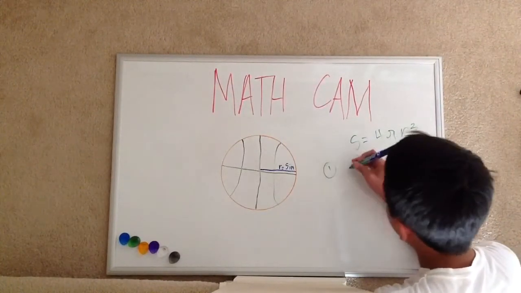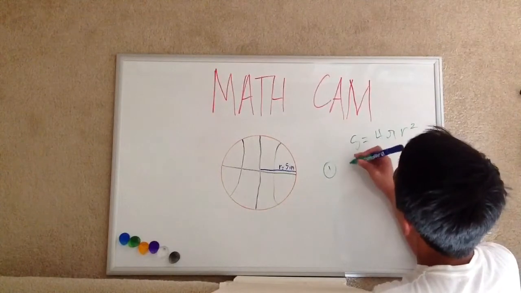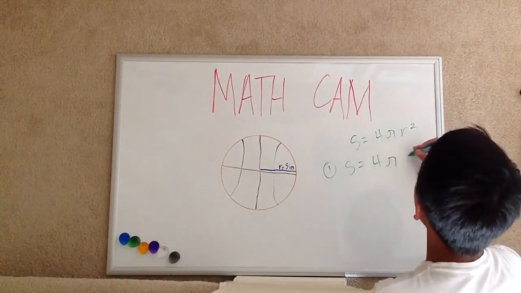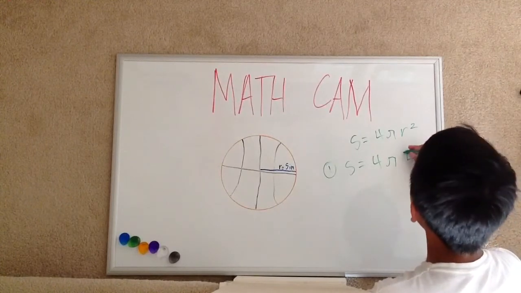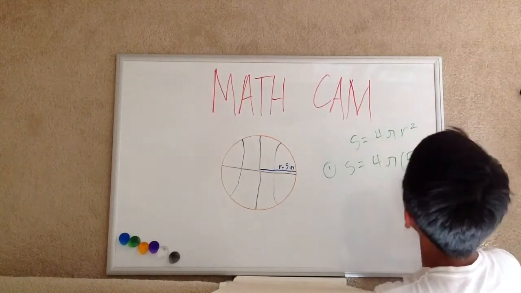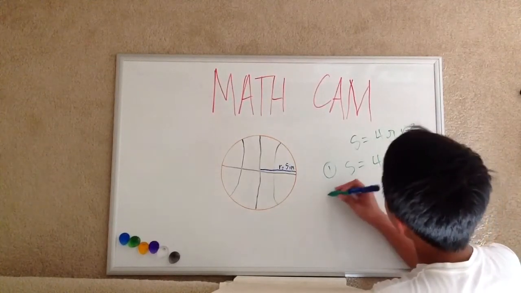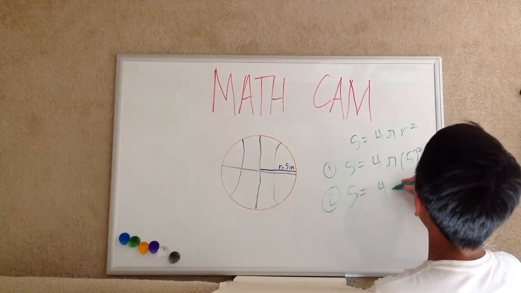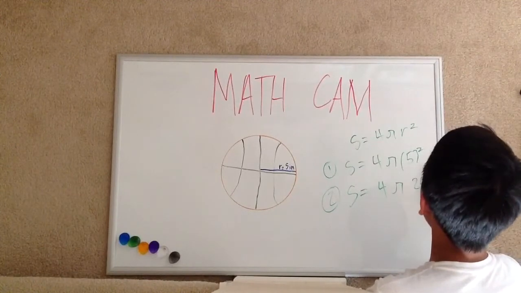And so we are given that the radius is 5 inches, so S is equal to 4 pi 5 squared, and 5 squared is equal to 25, so second, S is equal to 4 pi 25.